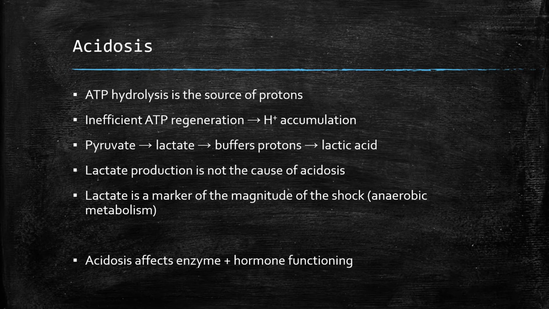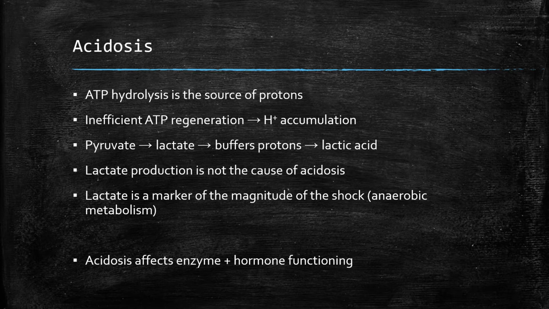In shock, ATP hydrolysis is the source of protons, and it's the inefficient ATP regeneration that occurs during anaerobic metabolism that leads to proton accumulation and clinical acidosis. To counteract this proton accumulation, in the cytoplasm, pyruvate is converted to lactate.